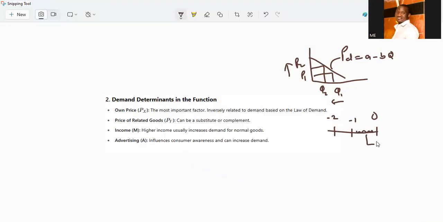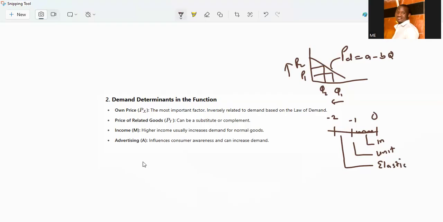So here demand is inelastic, insensitive. If it's exactly 1, it is unit elastic. So a 1% increase in price will result in a 1% decrease in quantity demanded. Then here we have elastic, meaning it's sensitive. So if we have figures that are more than 1, they are elastic. To be elastic is to be sensitive.